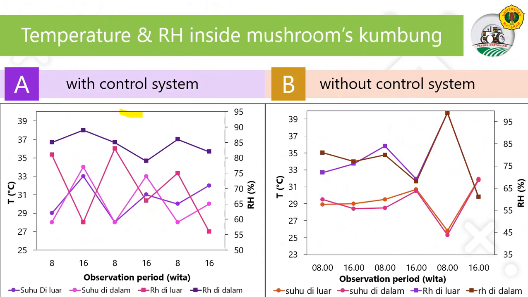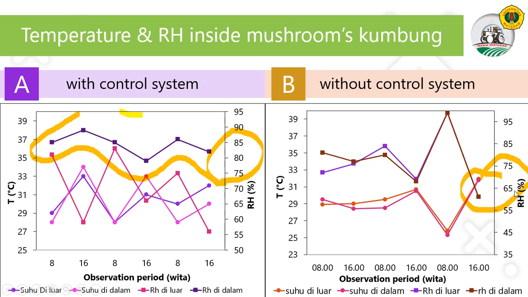As we can see in this slide, this shows you the temperature and relative humidity inside the mushroom plant house. This is using the control system. This is not using the control system. In this control system, we can see that the relative humidity could be maintained in the optimum conditions for the mushroom, while without the control system, the humidity is below the optimum conditions.